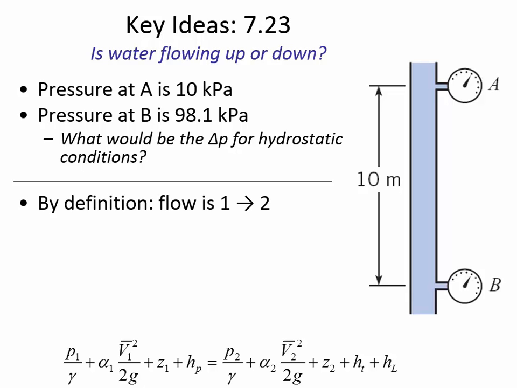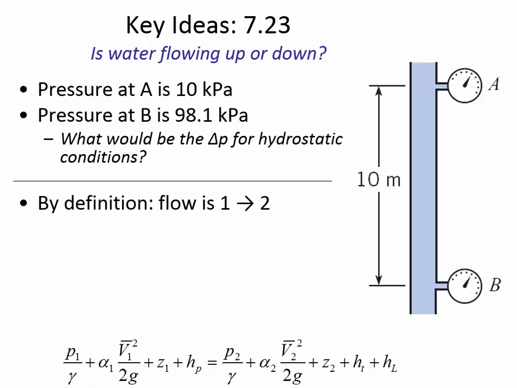And so what you do is you assume, let's say, if you want to check that the water is flowing from A towards B, what you'd do is you'd say, let's call location A as 1, and then you call location B is 2, and so you put in all the information you know, the pressure that's given.